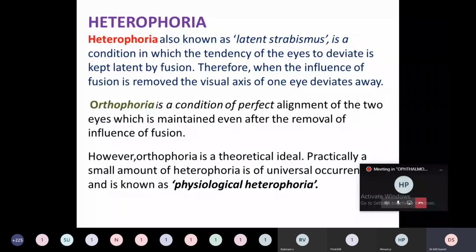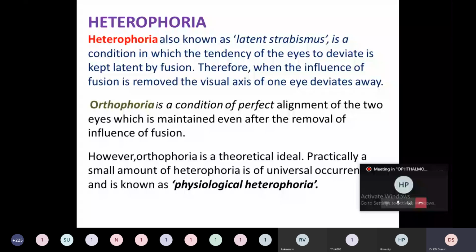However, orthophoria is a theoretical idealism. In practice, whenever we are seeing any person's eyes, there will be what is known as physiological heterophoria. When you don't have an interesting object in front of you, it is likely that the eyes will deviate. This is known as physiological heterophoria.